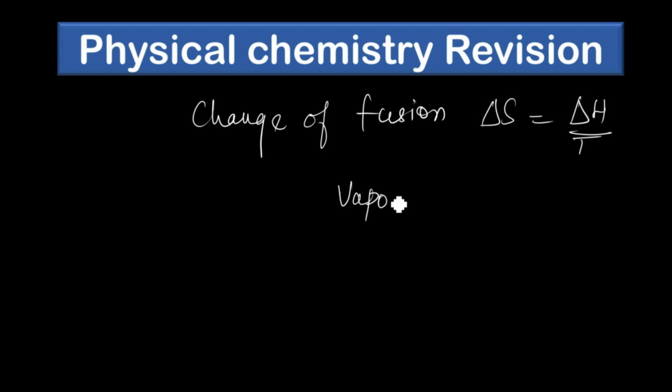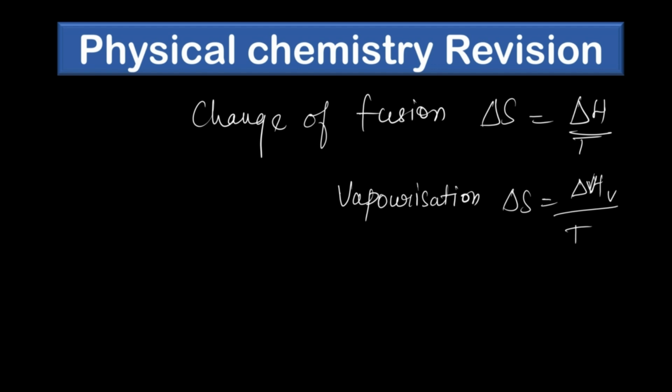If they are asking for vaporization, then that will become delta H vaporization divided by T, where T is the boiling point. Okay. Then standard entropy means the entropy of 1 mole of the substance at 1 atm and 25 degree Celsius.